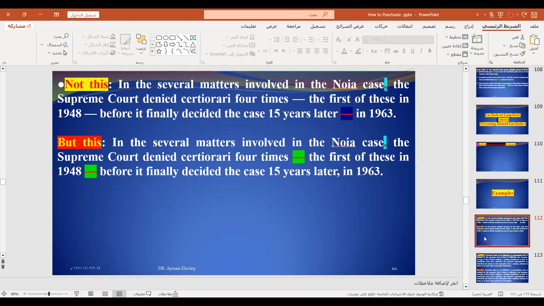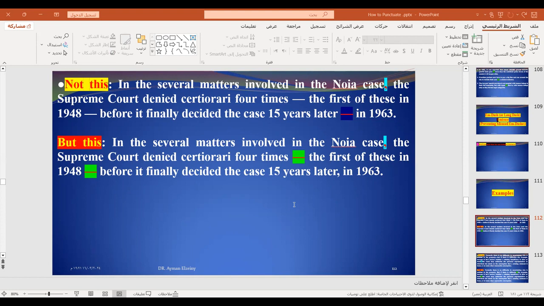In the several matters involved in the case, the Supreme Court denied certiorari four times.